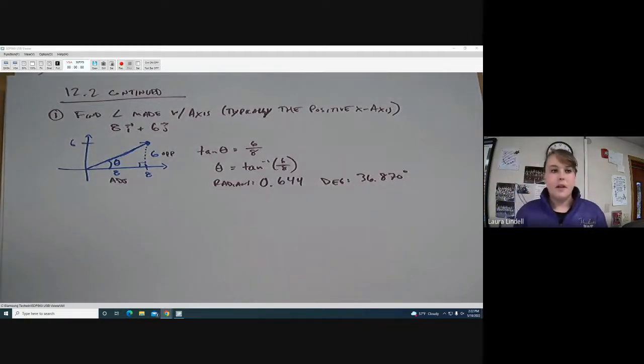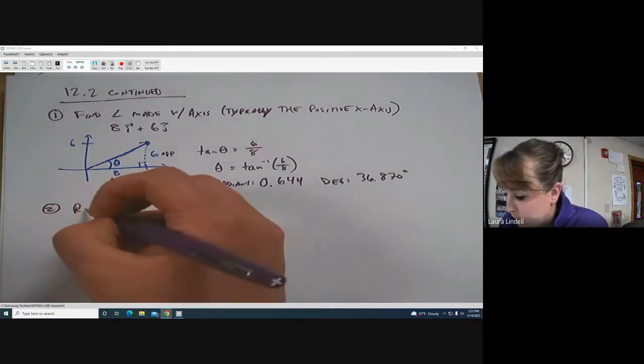All right, so that's finding the angle made with the axis. That's typically not all we're going to end up doing when we're dealing with vectors, but it's a good start. So the next thing we're going to do is talk about a resultant force application.